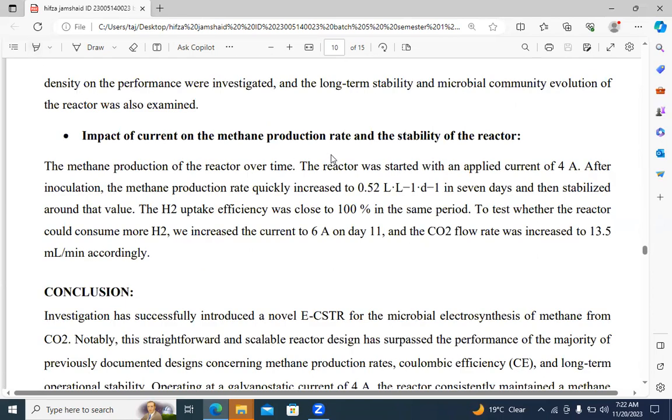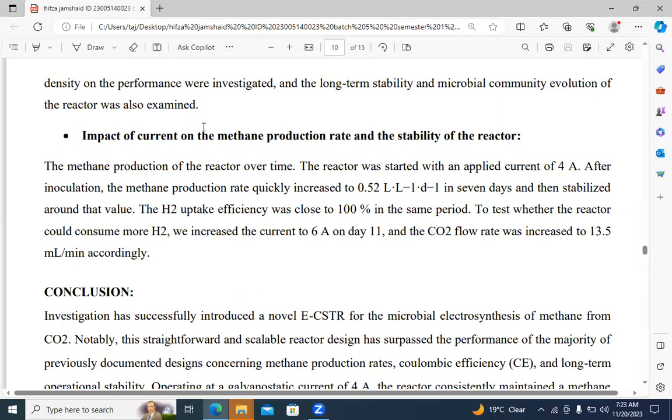So, impact of current on methane production rate and stability of the reactors. It means current has a lot of effects. For example, we have discussed above that when we apply a current of 4 amperes, continuously in a constant amount, by electrochemical synthesis we will produce methane.